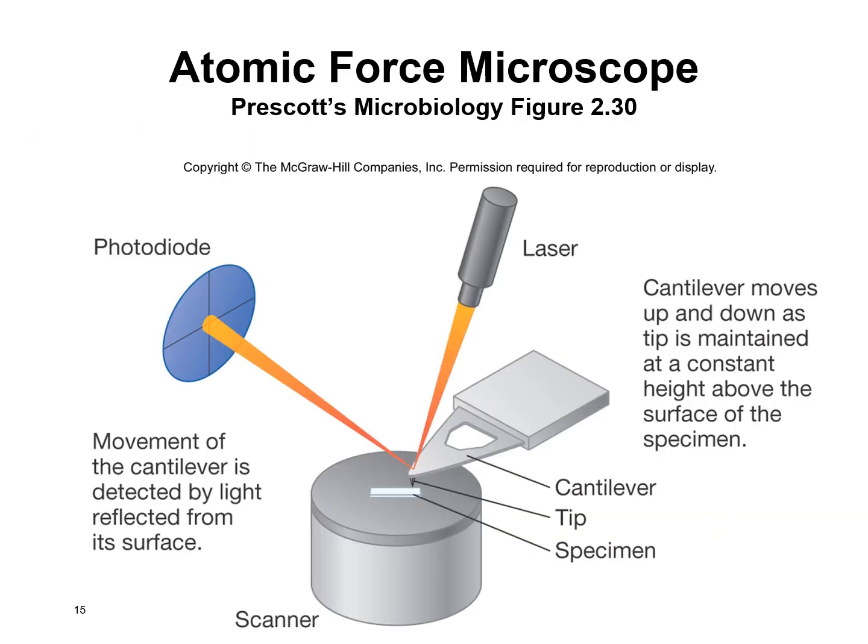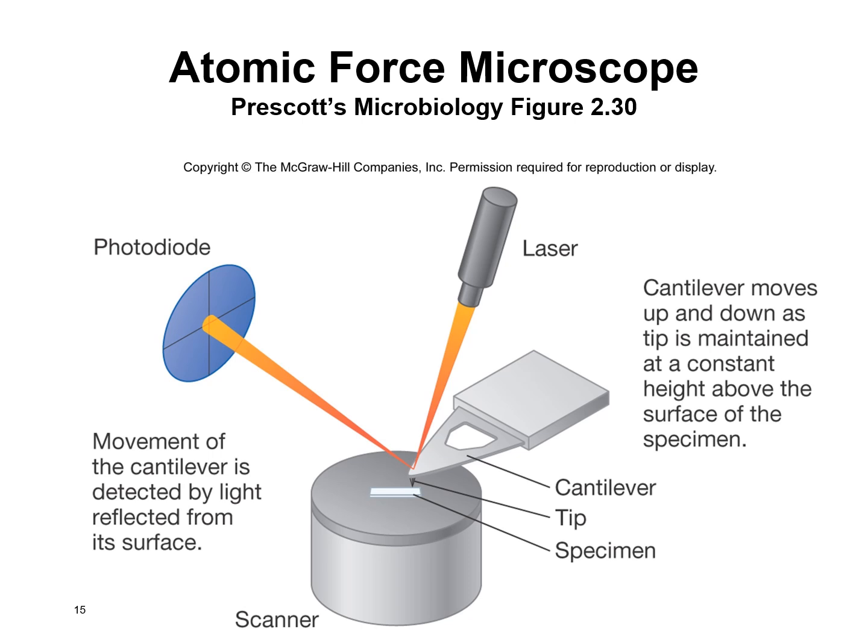Okay, and then the atomic force microscope. This is the other type of scanning probe microscope. This one's a little bit different. It doesn't use an electric current. The tip of the probe is actually going to touch the specimen, so it's going to rest right on it, and there's not going to be any electric current involved.